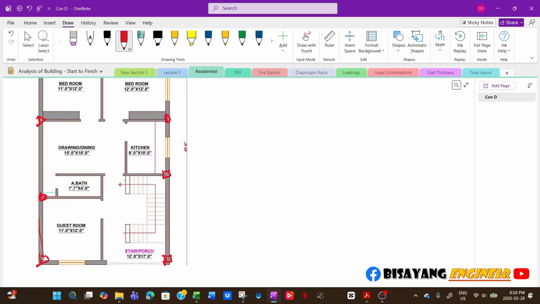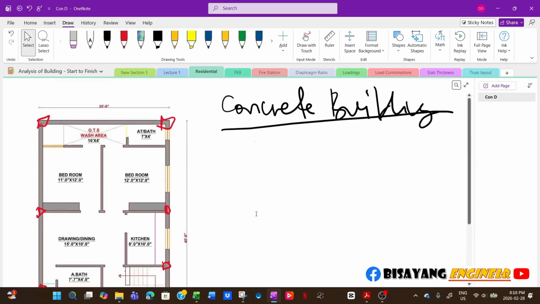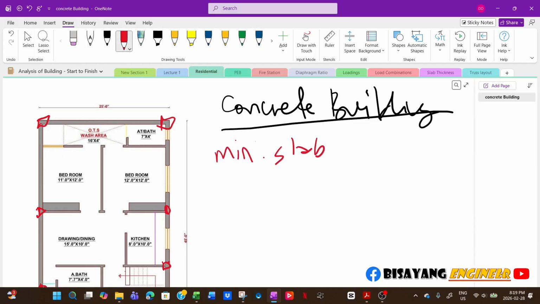Well, first, what will dictate your beam spacing and column spacing is to determine what would be your minimum slab thickness. What would be your slab thickness? Now, for example, you will minimize your slab thickness.